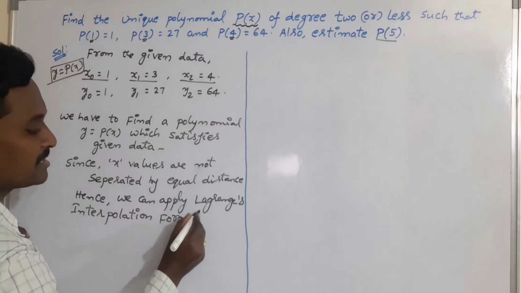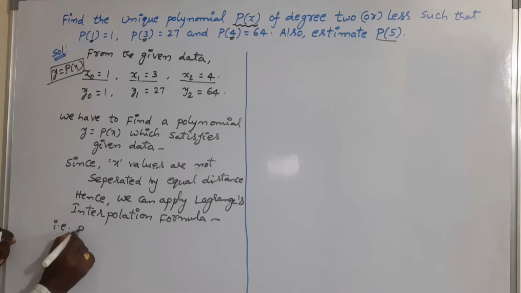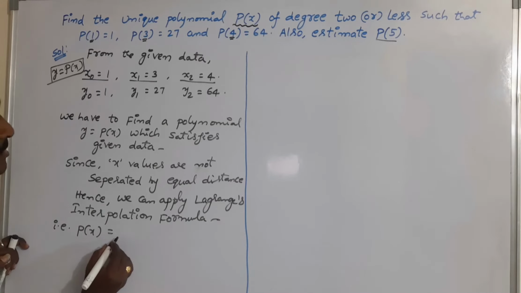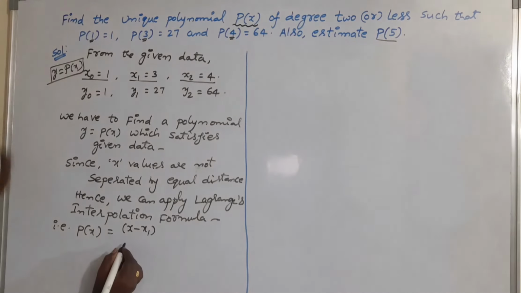Please write the Lagrange's interpolation formula for the given data. That is p of x, using the notation p of x instead of f of x, is equal to, the first term is x minus x1. Skip the term x naught.